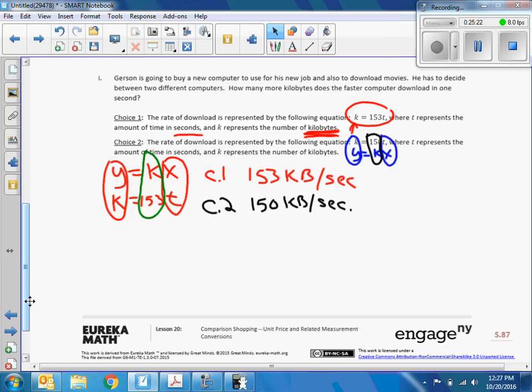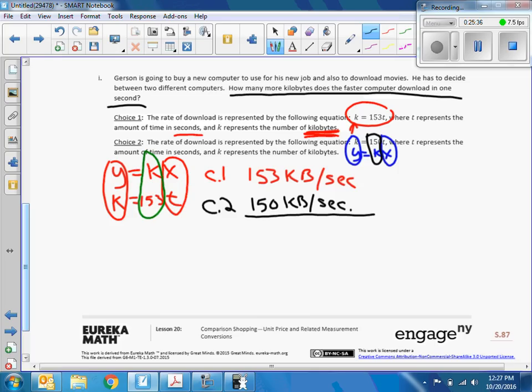How many more kilobytes does the faster computer download in 1 second? Make sure you always go back and read the question once you've done your calculation. I have not answered the question yet. I need to subtract, and the answer is 3 kilobytes per second. And it is computer 1 that has 3 more kilobytes per second.